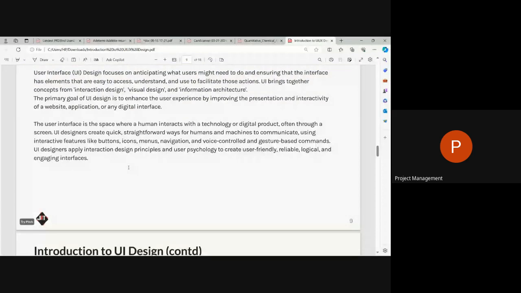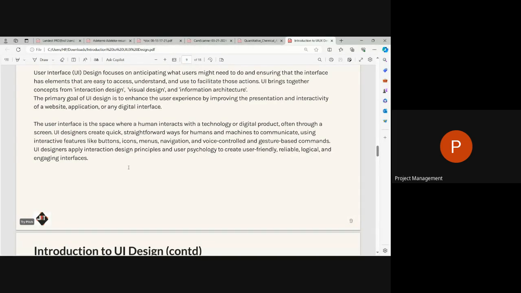The primary goal of UI design is to enhance user experience by improving the presentation and interactivity of the website, application, or any digital interface. For UX design, the goal is to enhance the user experience by meeting the user's needs and pain points.